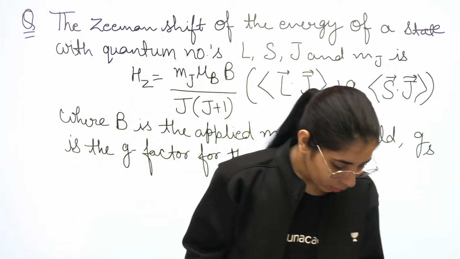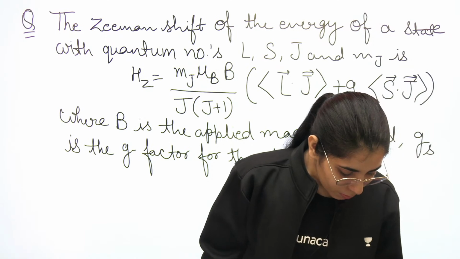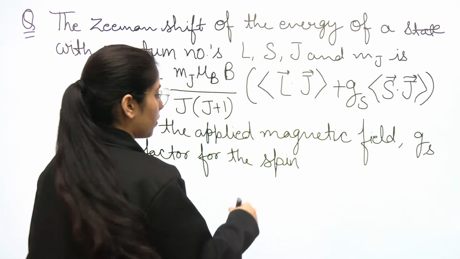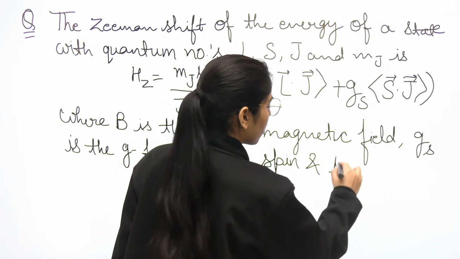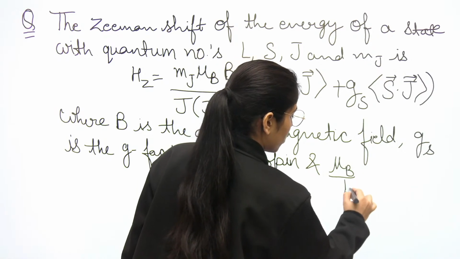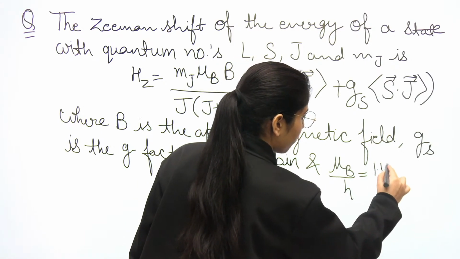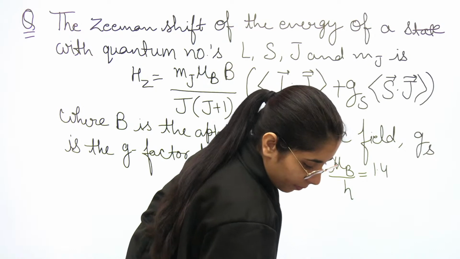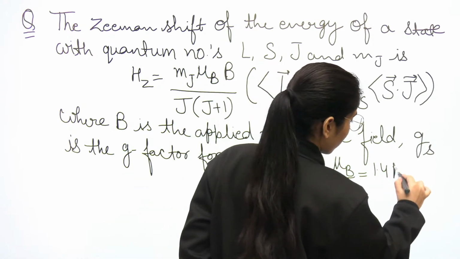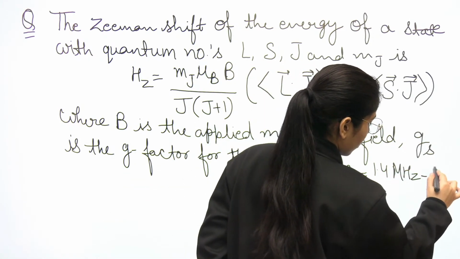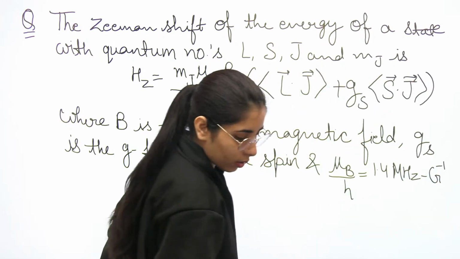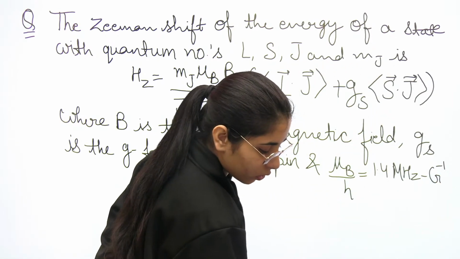Next one. Also the value has been given: mu B upon h is equal to 1.4 megahertz per gauss, where h is the Planck's constant.